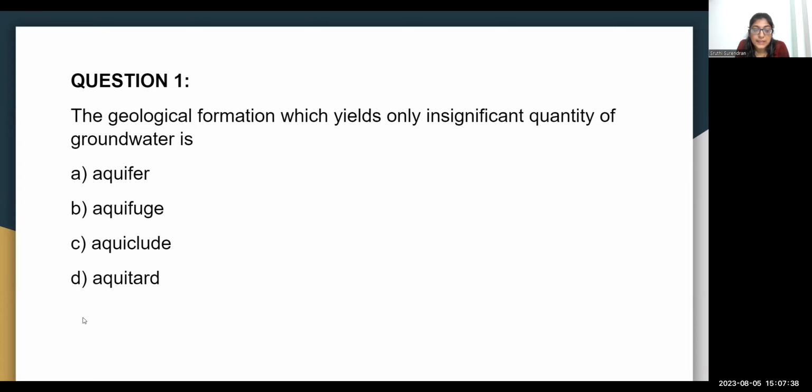For those of you who have joined late, I'll be discussing the questions related to the second week lectures. I'll be showing these questions one by one. You can just type in the answers in the chat box if you know the answer, or if you don't, you can take a guess, and then we'll move on to the solution. The first question here: what is the geological formation that yields only an insignificant quantity of groundwater?